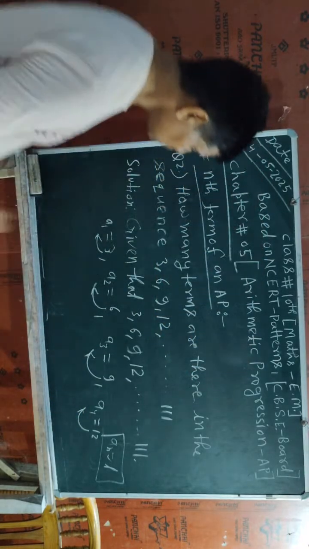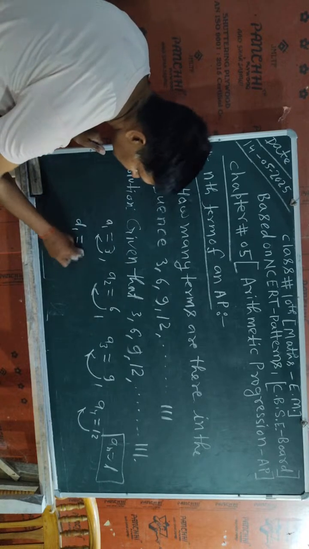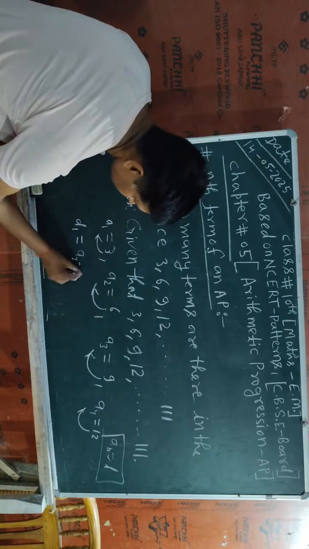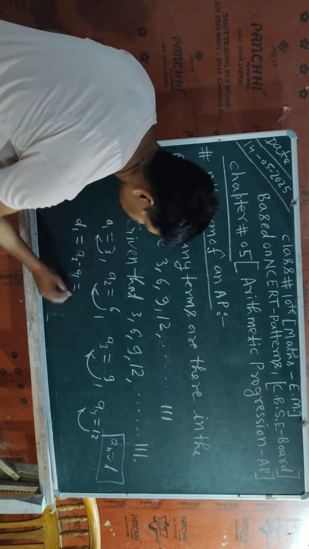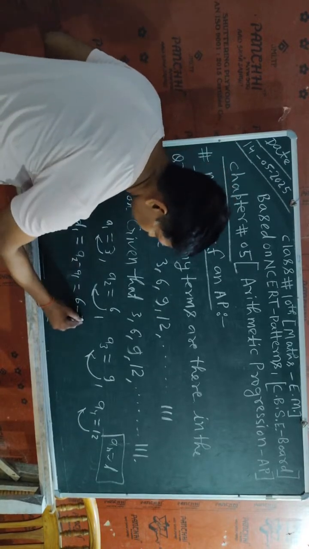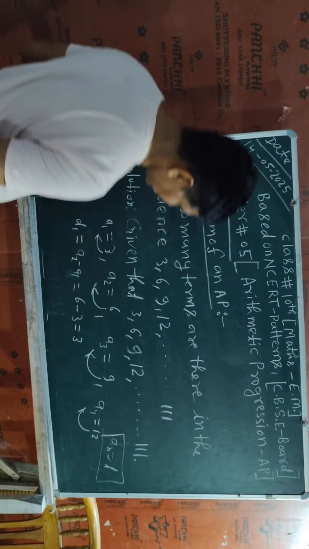Okay students, so further I will also calculate the value of d1 which is equal to a2 minus a1. So further I will substitute its value. After substituting, the value of a2 is 6 and the value of a1 is 3. So after subtracting, I will write here 3.